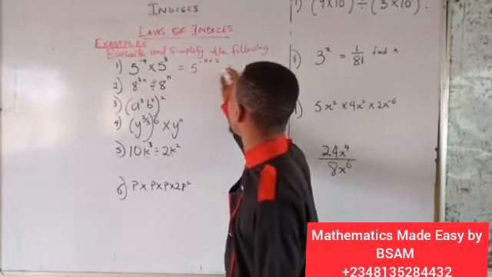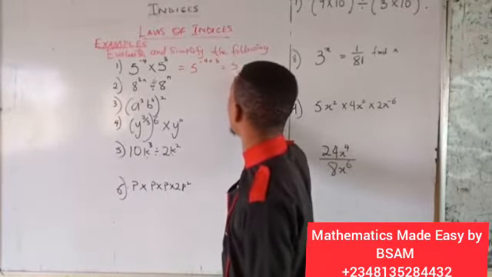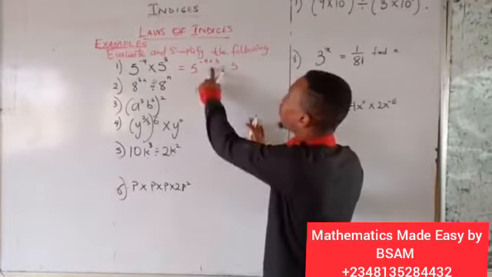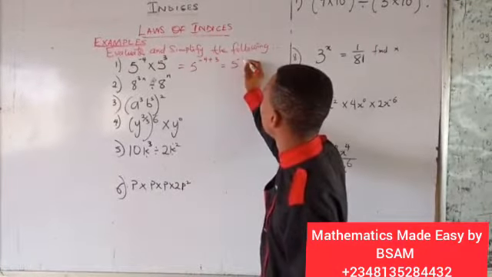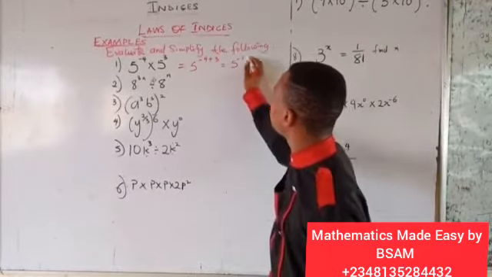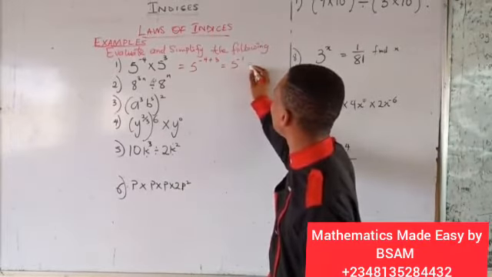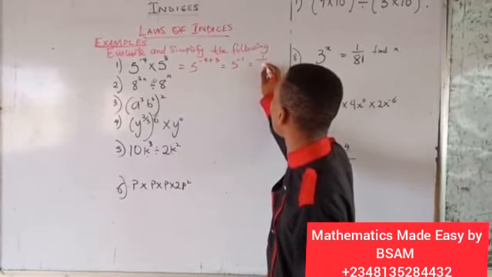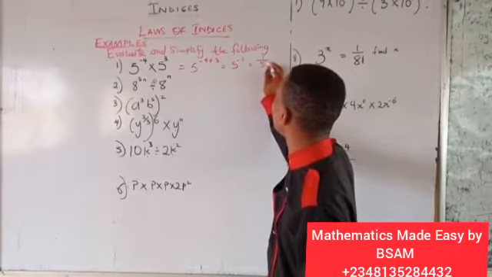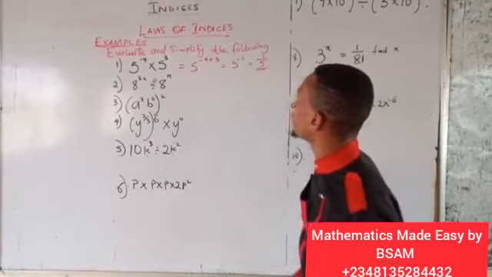If you solve it properly, 5 raised to the power of minus 4 plus 3 is going to give you 5 raised to the power of minus 1. Now you can also simplify this as 1 divided by 5.